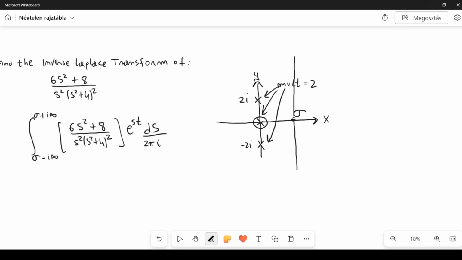And sigma, you have to be careful, because sigma must be greater than the real part of these poles here. So the real part of them is 0. So it means that the real part of s, or in this case sigma, must be greater than 0. And why is that? Well, this is not so difficult to understand.